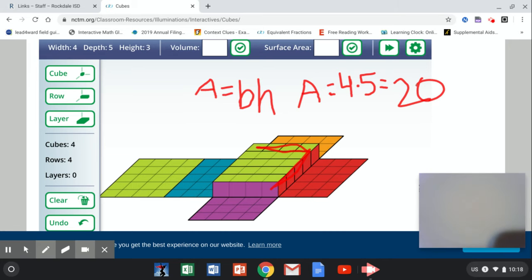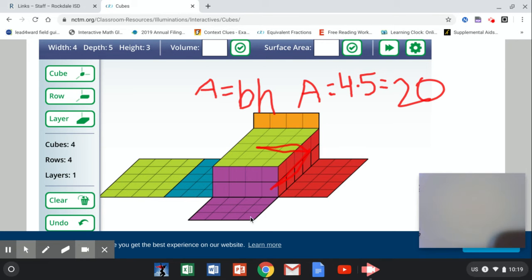Now, if I do another layer, it's going up, and I've got to figure out how far up, for the volume. Because now I found area, and that's just the bottom.